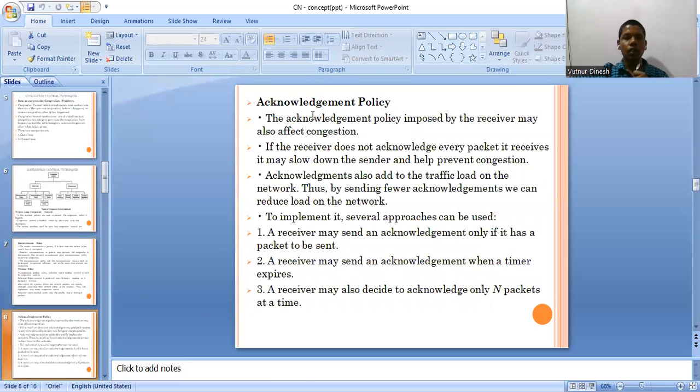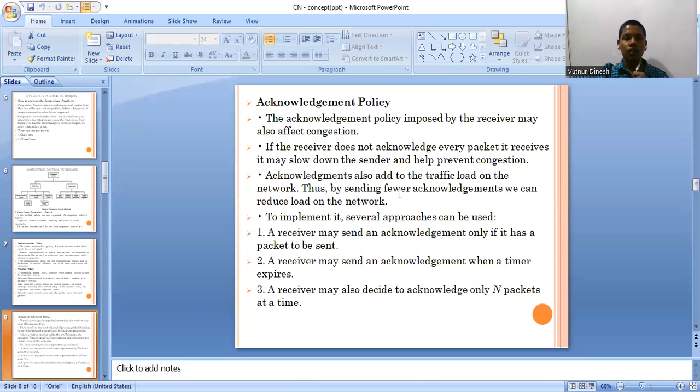Acknowledgement policy. The acknowledgement policy imposed by the receiver may also affect congestion. If the receiver does not acknowledge every packet it receives, it may slow down the sender and help prevent congestion. Acknowledgements also add to the traffic load on the network.